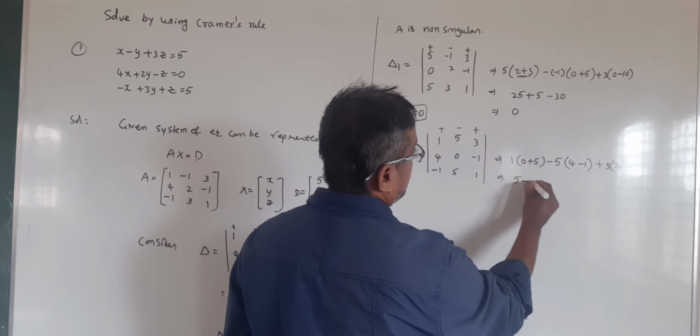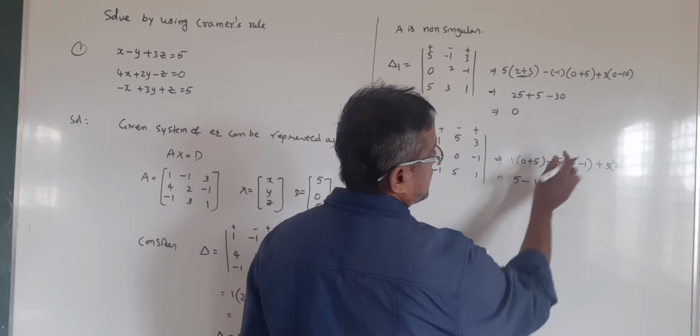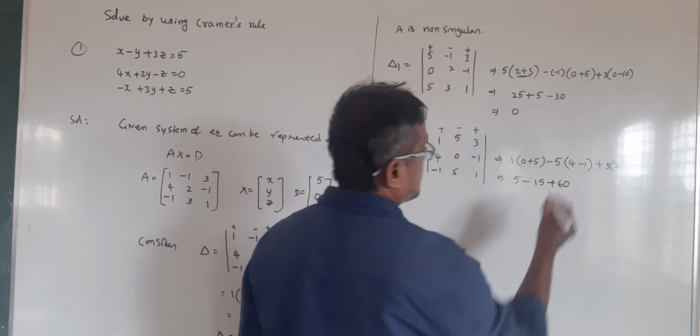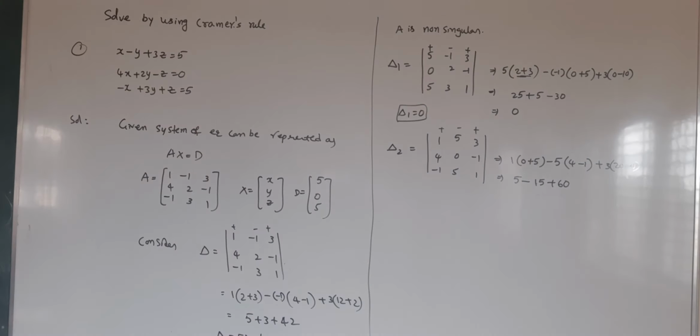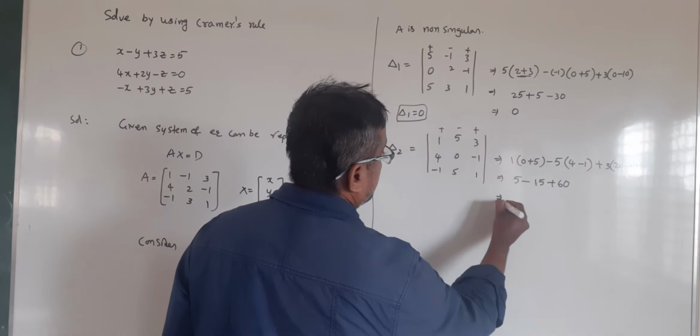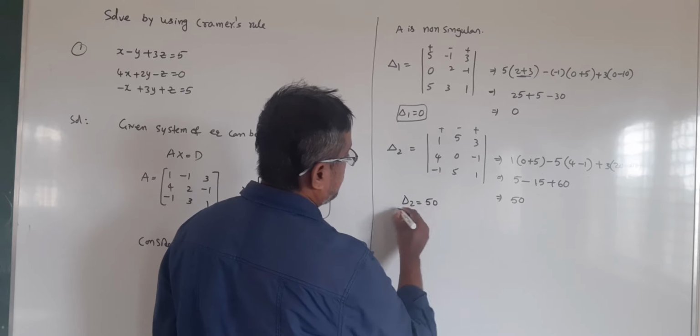So 5 minus 15, 5 3s are 15 plus 60. So the result is 50. So delta 2 is equal to 50.